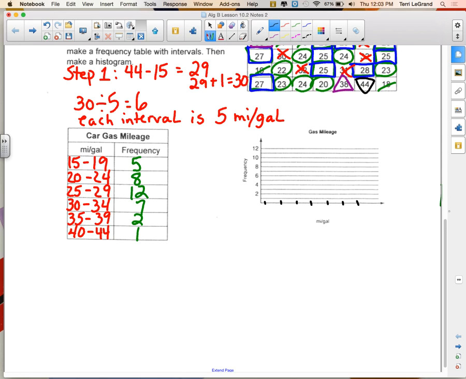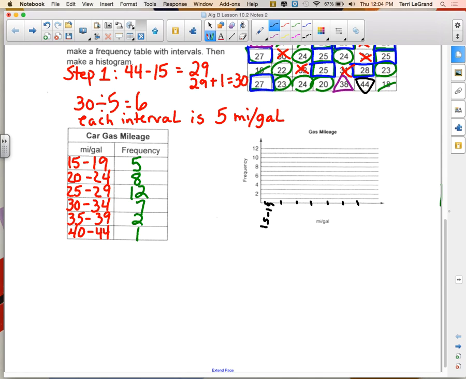Now, before we even move on here, what I want you to do next is, underneath each of those, between the first 2 tick marks, label that range. This is going to be 15 to 19. You're going to have to do it sideways probably.